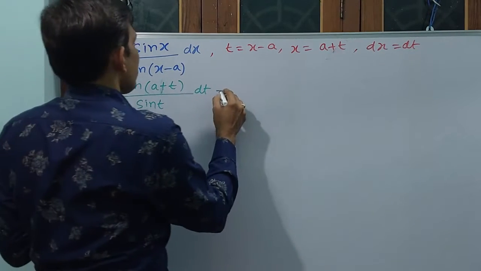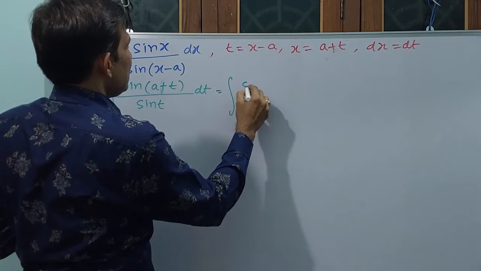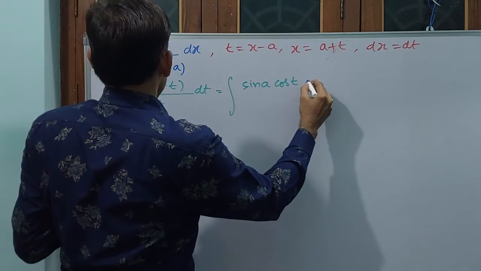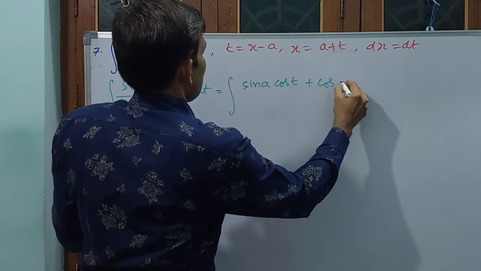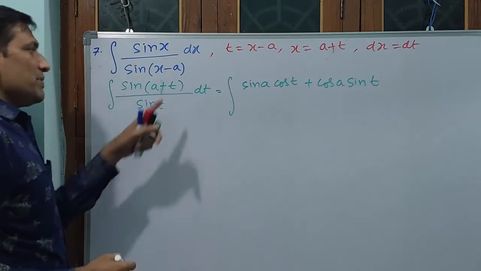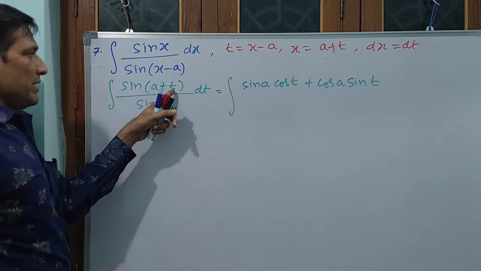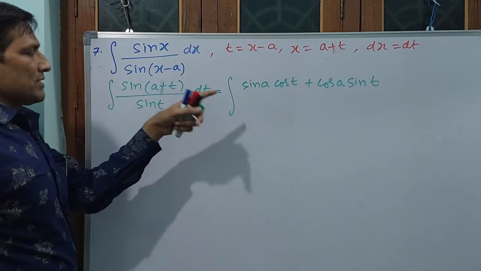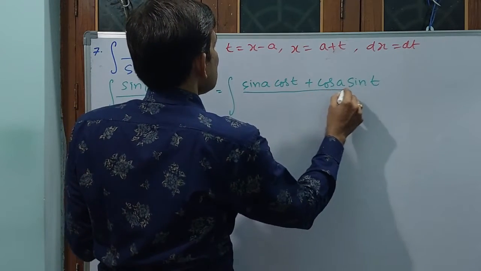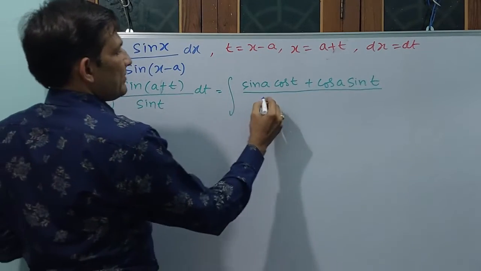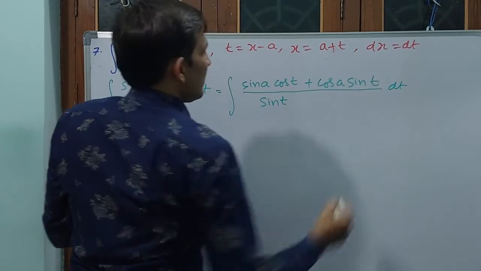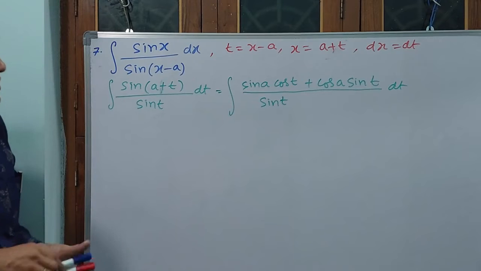That is equal to integral of sin a cos b plus cos a sin b. Here b is t, like you take a plus b: sin a cos t plus cos a sin t, whole divided by sin t, dt.